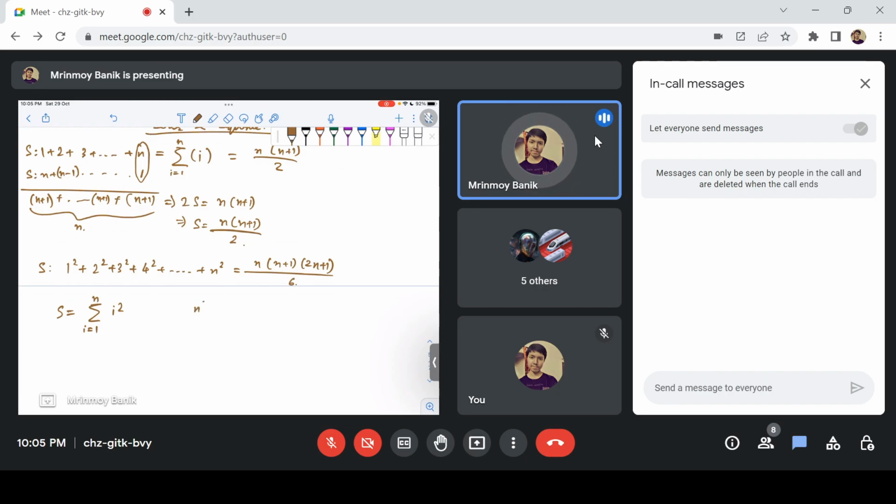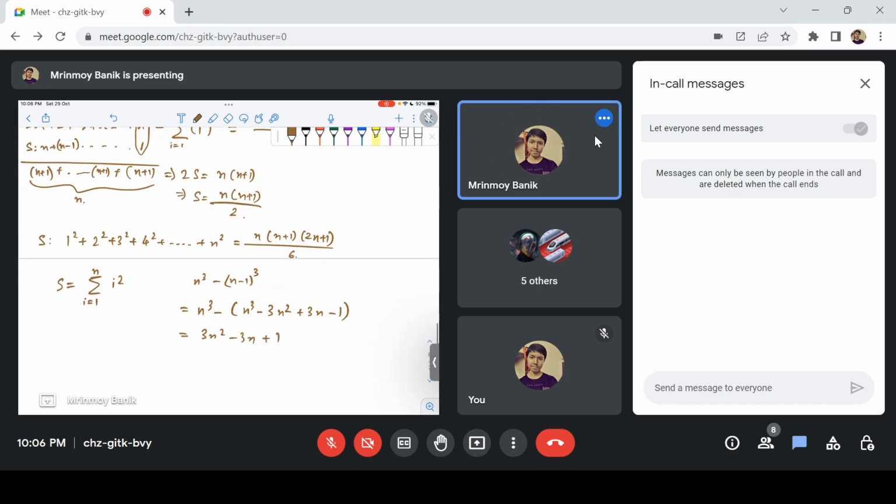Suppose you have n cube and you take the difference of n cube and n minus 1 cube. So n cube minus (n cube minus 3n squared plus 3n minus 1). So n cubes get cancelled. That's 3n squared minus 3n plus 1. So this is n cube minus (n minus 1) whole cube.